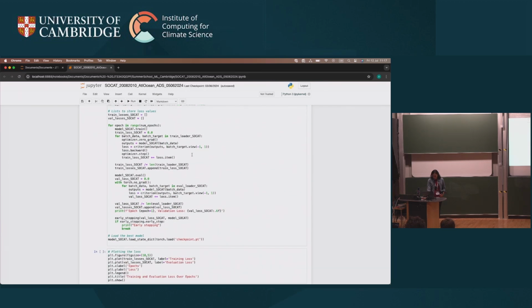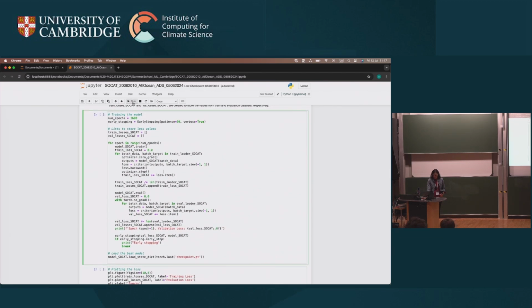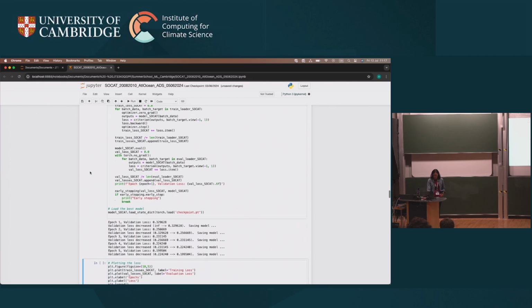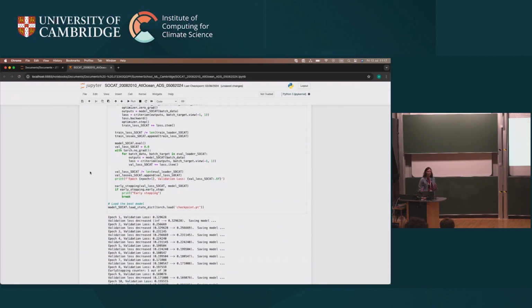So now let's train the first model. This is the first data set, where we have only SOCAT data for February from 2008 to 2011.